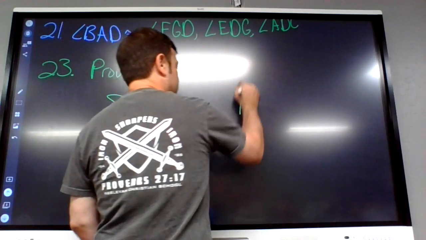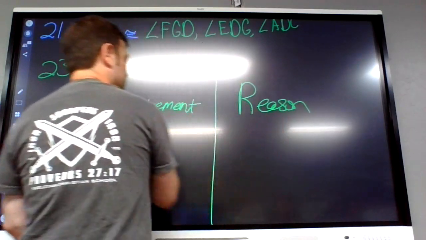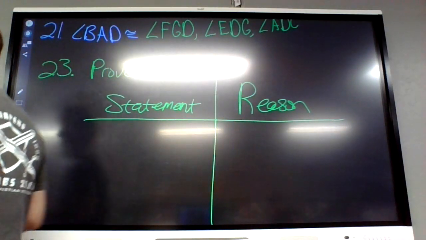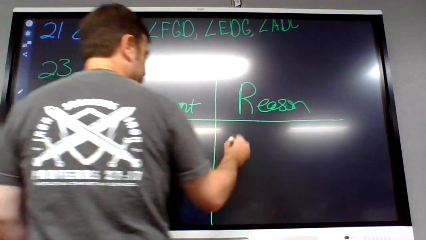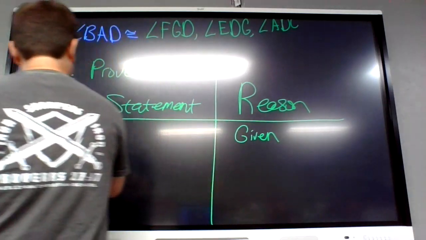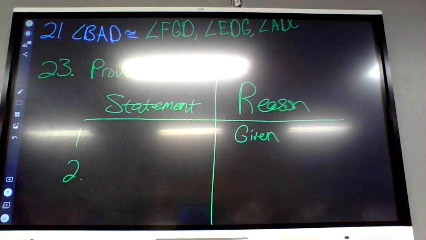Okay, what always goes on line 1? Given. So angle 2 is congruent to angle 7. We know that because they told us. Given. Line 2, you have to look at the picture. How do we know angle 7 is congruent to angle 4?